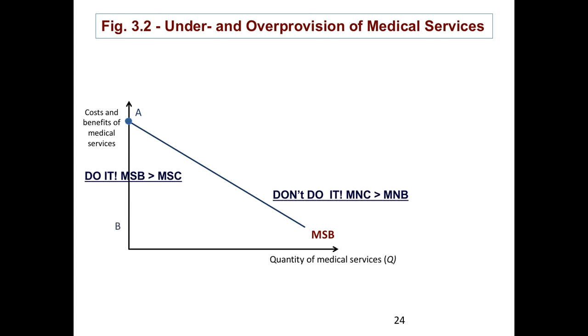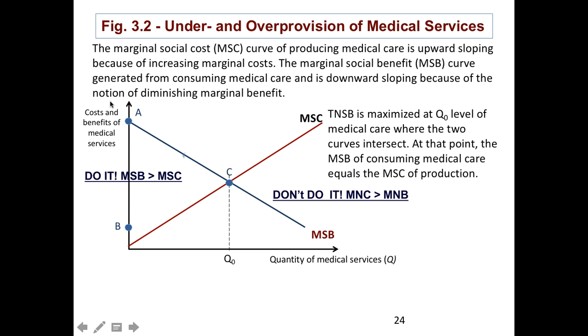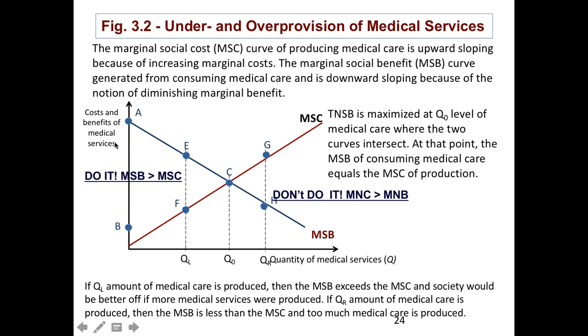If we wanted to show the marginal social benefit and marginal social cost, we can actually show this graph. On the vertical axis, we have the cost and benefit of medical services. On the horizontal axis, the same thing, we have the quantity of medical services, the same vertical and horizontal axes as the previous graph. The only thing that changes here is that we are looking at the marginal social benefit and marginal social cost instead of the total social benefit and total social cost.